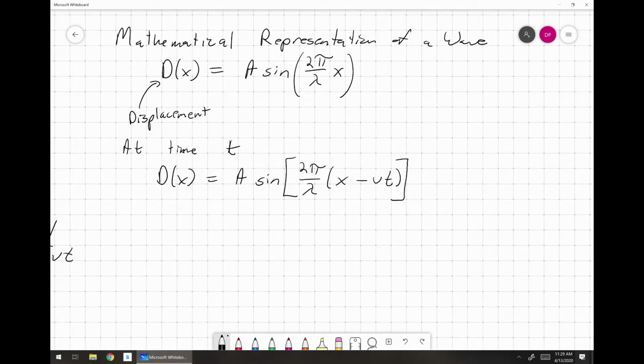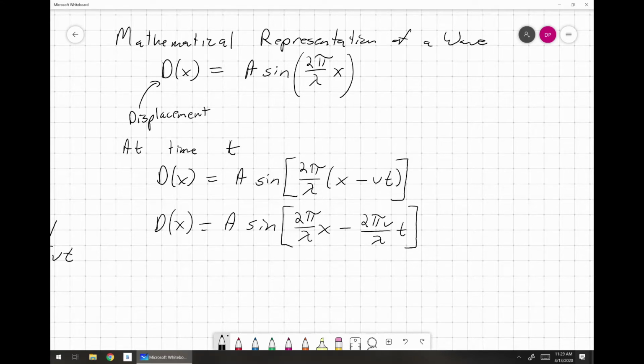Okay. So we can write this particular equation in different ways. The first thing that we can do is distribute this 2 pi over lambda. So we would have a sine, we have our 2 pi over lambda x, and then we have minus 2 pi v over lambda t, right?